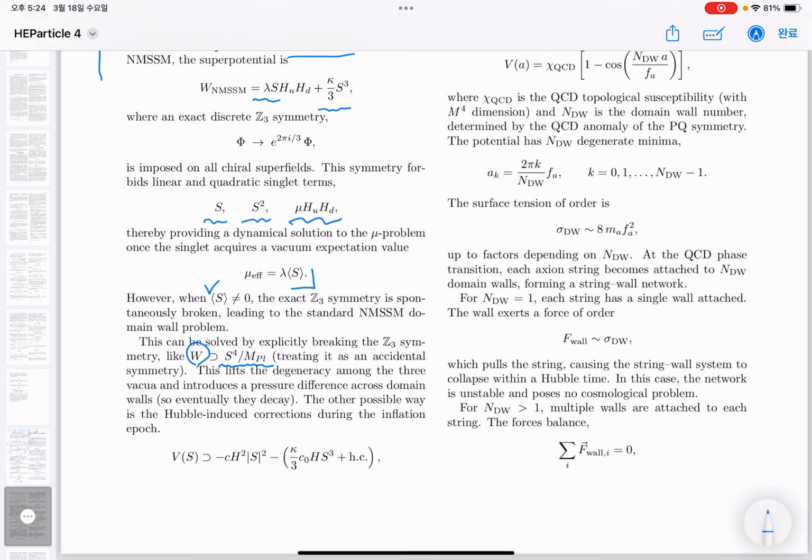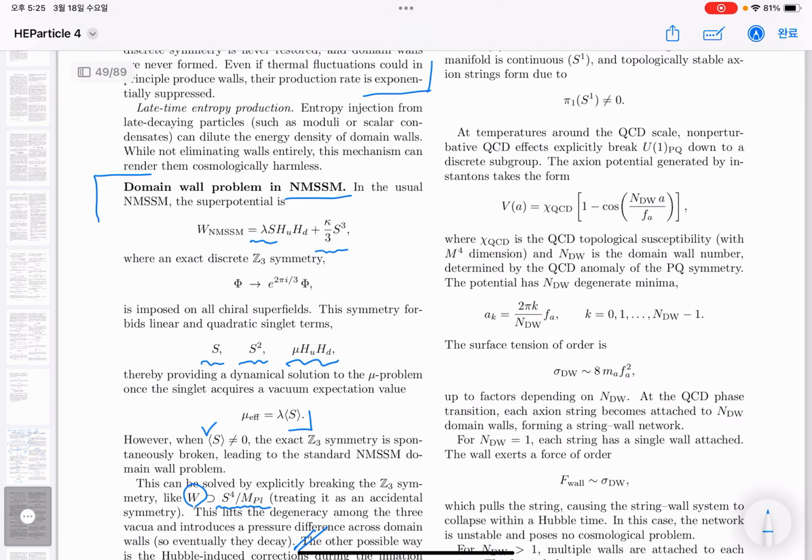This term lifts the degeneracy between the three different vacua and introduces the pressure difference over the domain wall. So eventually the domain wall decays and becomes unstable. The other possible way is giving additional correction terms like the thermal ones, but they have in this system during the inflation approach.